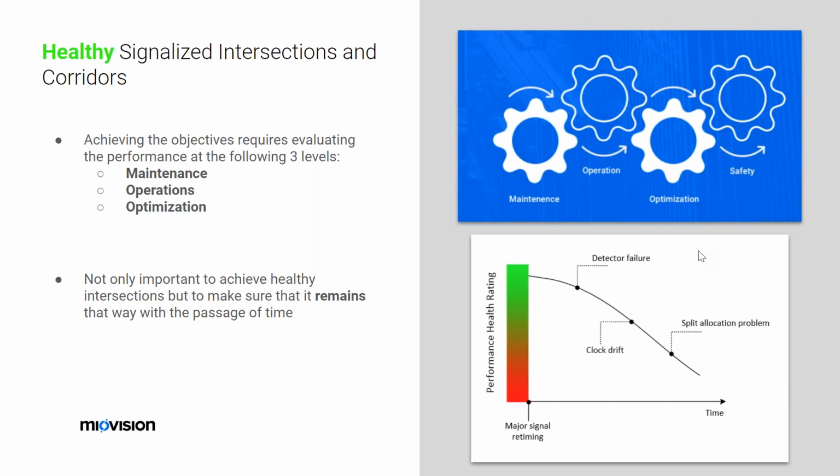So as time passes by, there could be a detector failure. That impacts the health. There could be a clock drift. That impacts the health. Then as time passes by, driver behavior is changing, or traffic routes are changing, and there's a split allocation problem. So all of these contribute to the deterioration in the health of the intersection and the corridor.